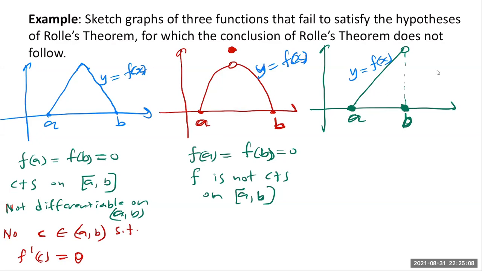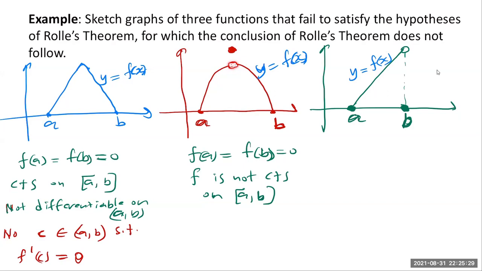Clearly, the conclusion of Rolle's theorem does not follow, because if you want a horizontal tangent, the only possible candidate is here. Here is where you can draw a horizontal tangent to this graph, but at that point, your function has a discontinuity. That means your function is not differentiable at that point.